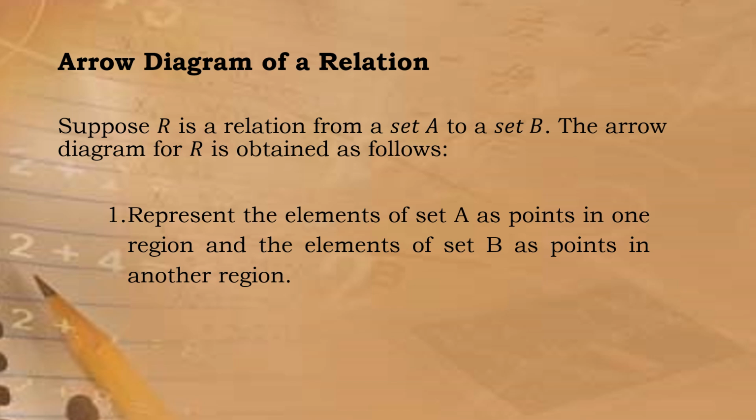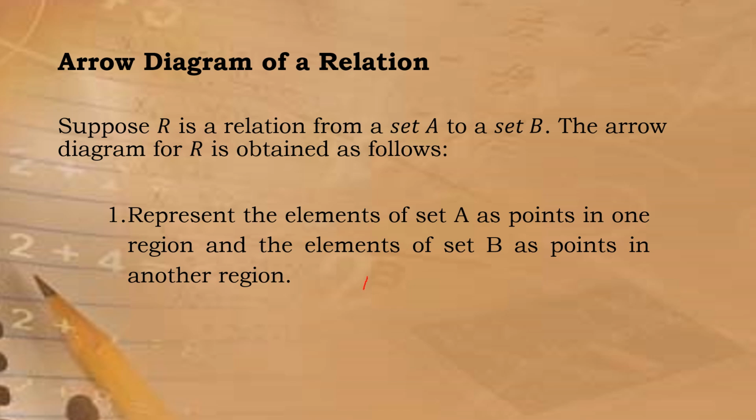Then here, we have the next topic, which is about the arrow diagram of a relation. So suppose R is a relation from set A to set B. The arrow diagram, so it means that this is an illustration for R, is obtained as follows. The first one is to represent the elements of set A as points in one region.